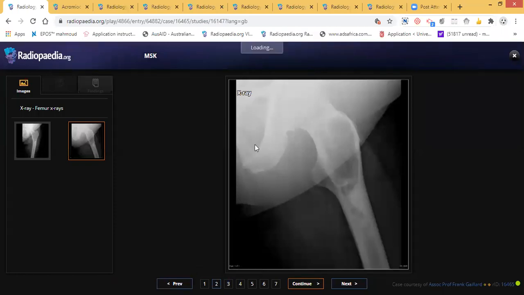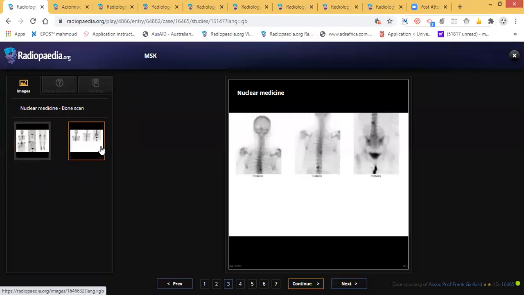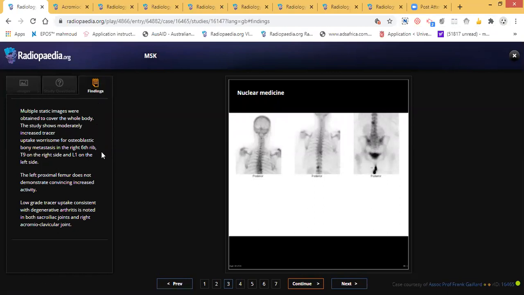Maybe melanocytosis, maybe. But the bone scan gives you this appearance, and it tells you there are osteoblastic lesions with high uptake in the right 6th rib and T9, L1 on the left side.